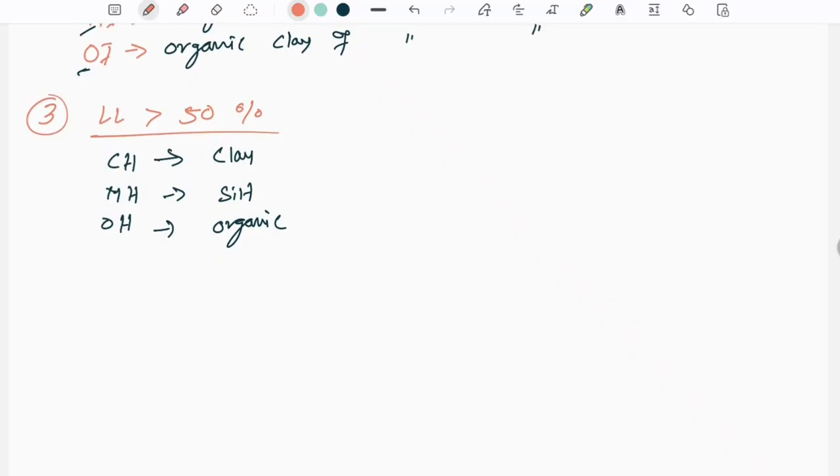One numerical question sometimes asked is on the group index, also called GI in short. The empirical formula for this is 0.2A plus 0.01BD plus 0.005AC.